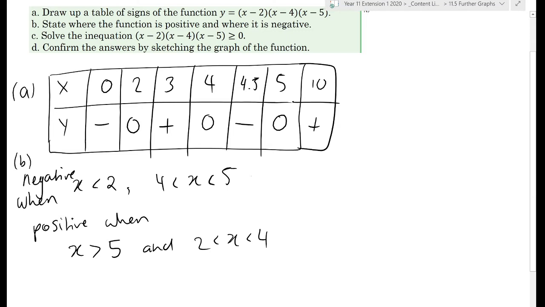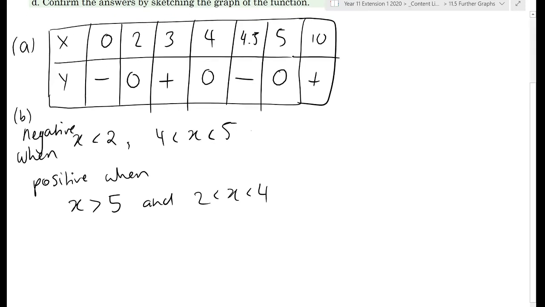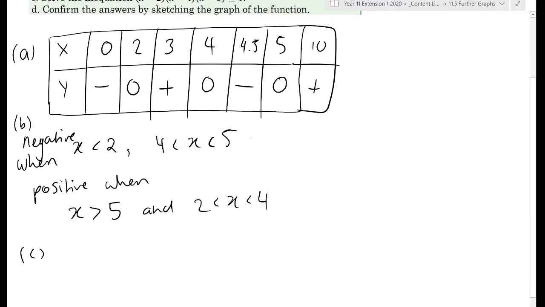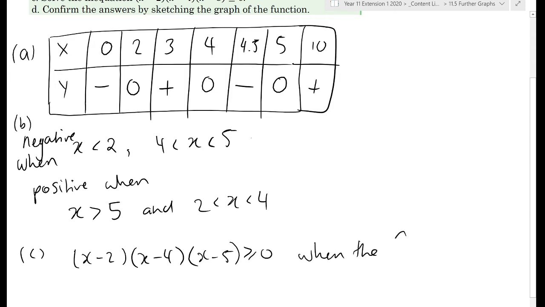Now part C is to solve the inequation x minus 2, x minus 4, and x minus 5 is greater than or equal to 0. So when is this function greater than or equal to 0? Or in other words, when is it positive? So by solving this inequation, we know that x minus 2, x minus 4, and x minus 5 is greater than or equal to 0 when the function is positive.